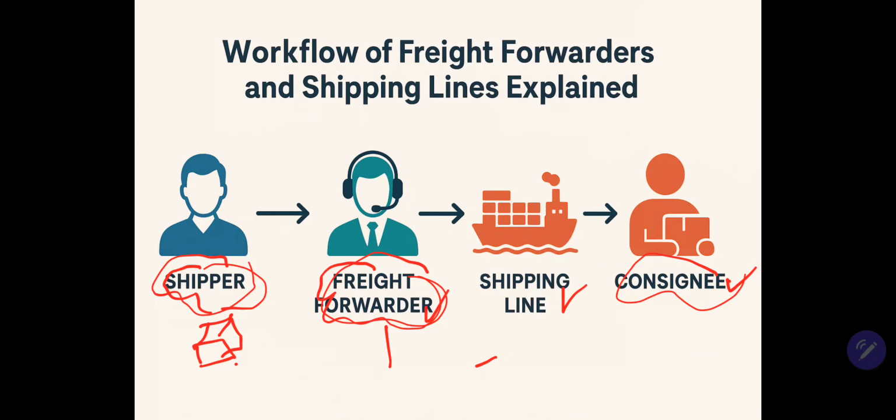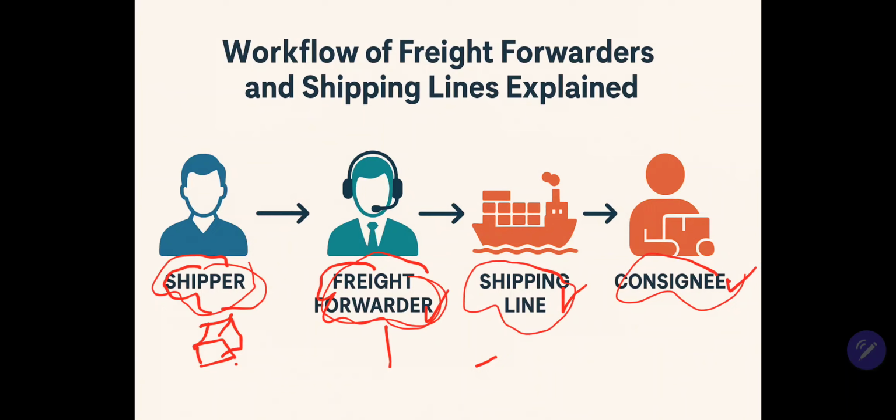Next, go to shipping line. The shipping line is the carrier or vessel operator responsible for transporting goods by sea. They receive bookings from freight forwarders and move the containers from the port of origin to the port of destination.